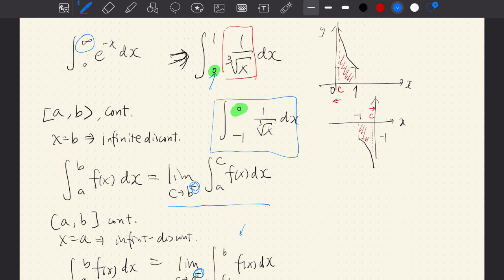This is just it. So basically you would not get erroneous answers, as long as you remember to write the a plus or b minus in the limit.